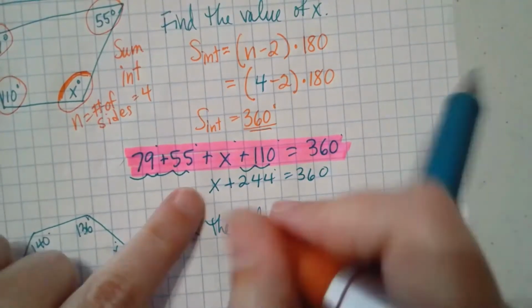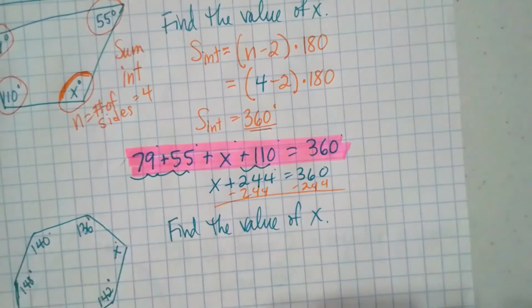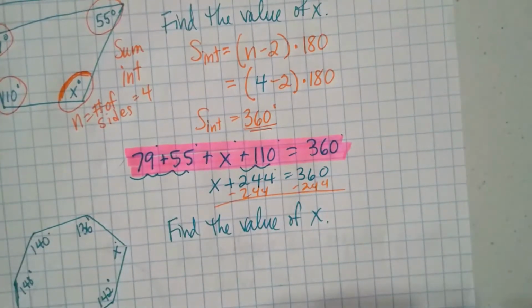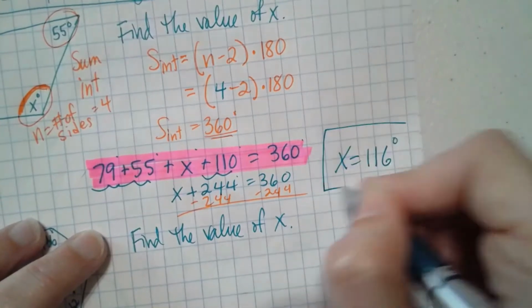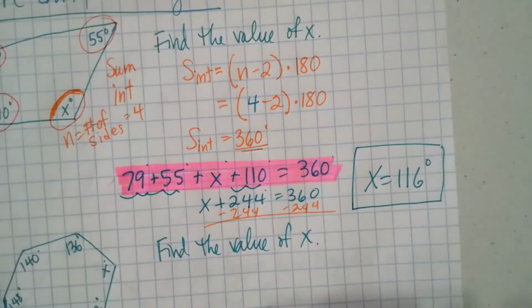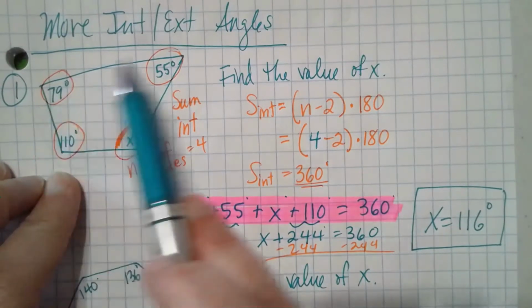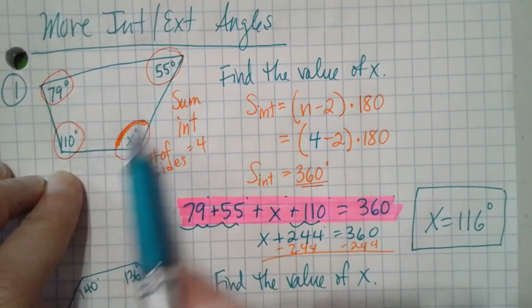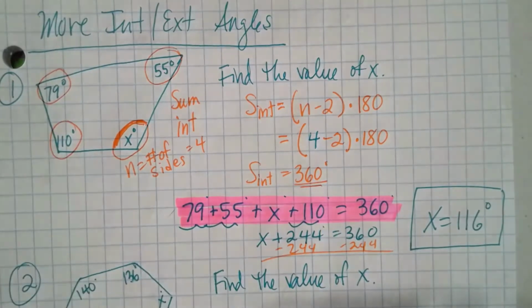So to get that x by itself, we're going to take away 244 from both sides, and 360 take away 244 will leave us with 116 degrees for our missing angle. Meaning if I put 116 back here into this picture and I added all 4 of these angles together, they're going to add up to 360, which is the sum of any quadrilateral, any 4-sided figure.